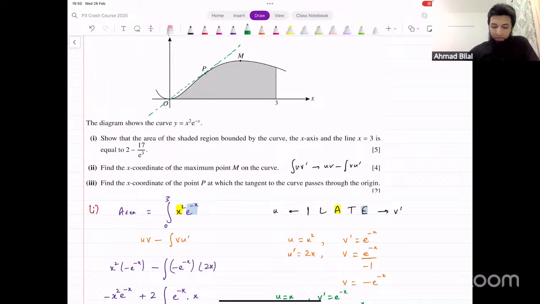We have to find the x coordinate of this point P. What's the x coordinate here? That's what we're looking for. Okay. All right. Tangent has to pass through the origin. That means the y-intercept of this tangent should be 0 at this point.